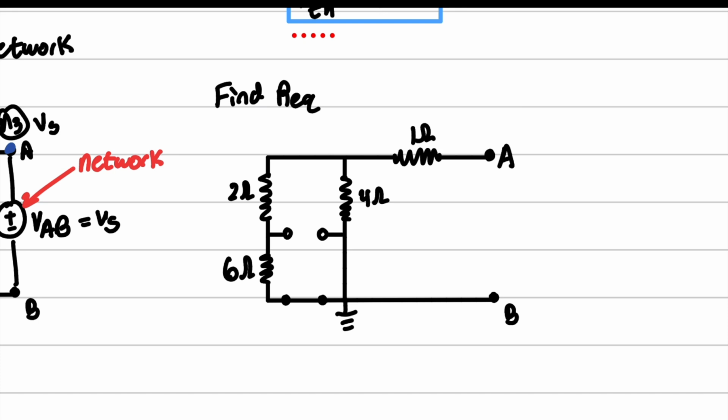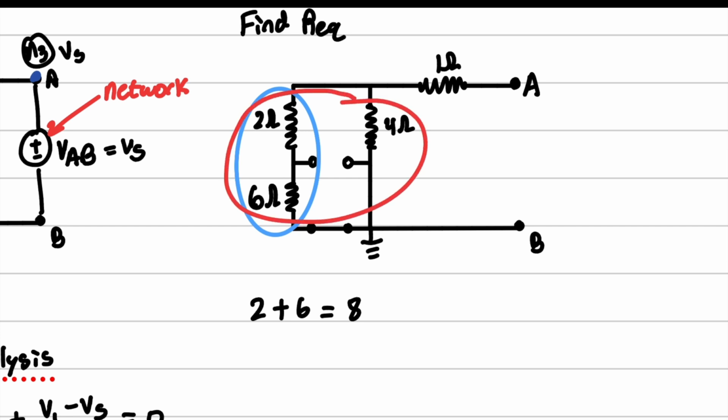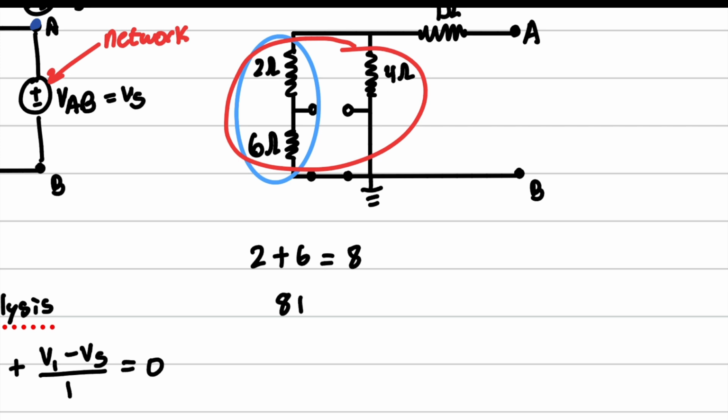Now, this is a much easier problem. We can simply add these guys up because they are in series. So we have 2 plus 6 equals 8. And then we can take that configuration and put those guys in parallel. It will be 8 in parallel with 4, so 8 times 4 over 8 plus 4.